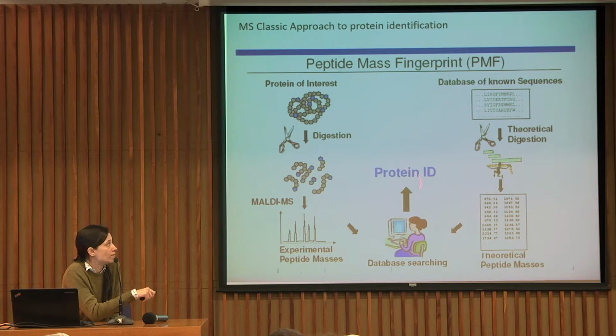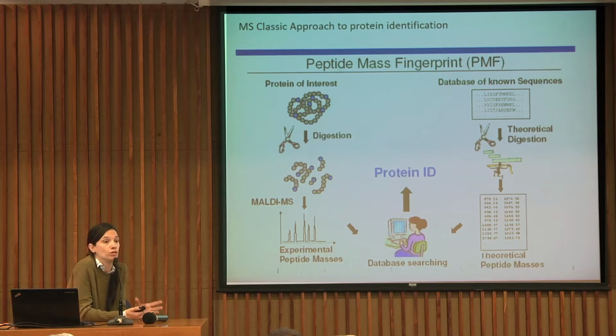We don't. We have software that will do it, and what the software will do is it will digest a database of known sequences theoretically. So we have to select a database that resembles our sample as much as possible. If we're working with a pure protein, we will use the sequence of the protein. If we're working with a protein extract from a certain tissue or cells, we will use the proteome of that species.